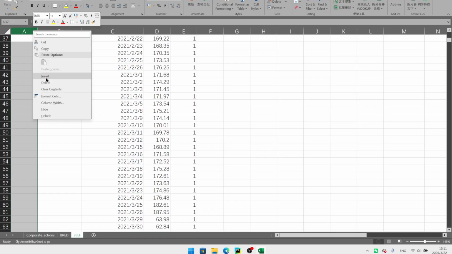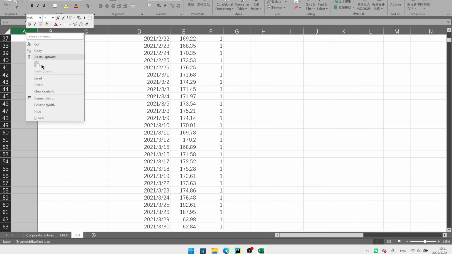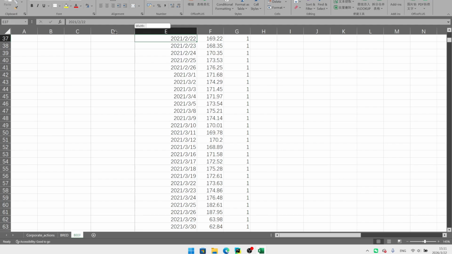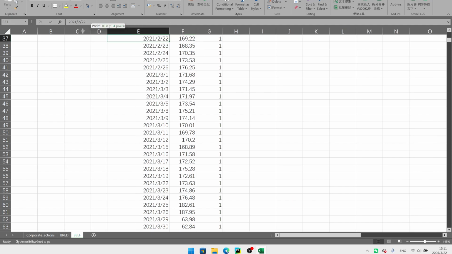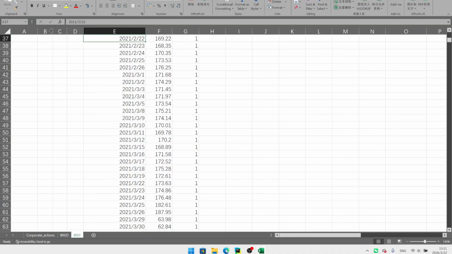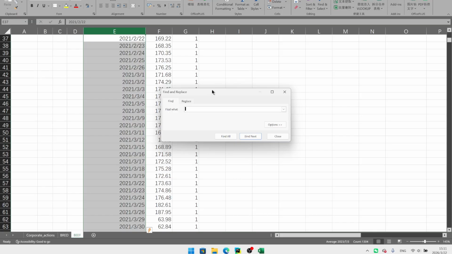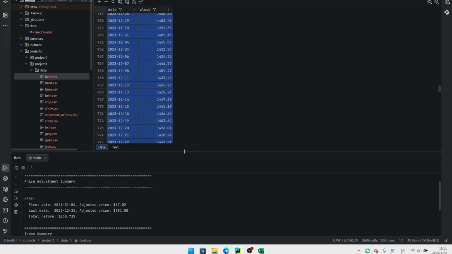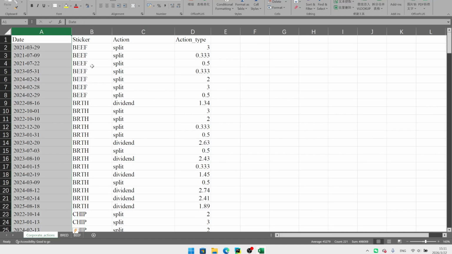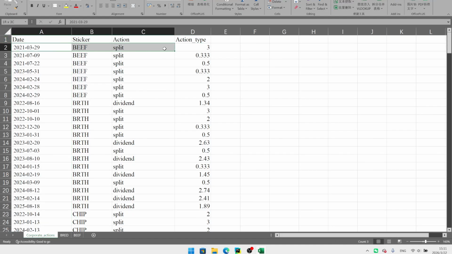Insert, insert, insert. Maybe we can use Control F. Maybe we can use the search amount, close, and it is this one.